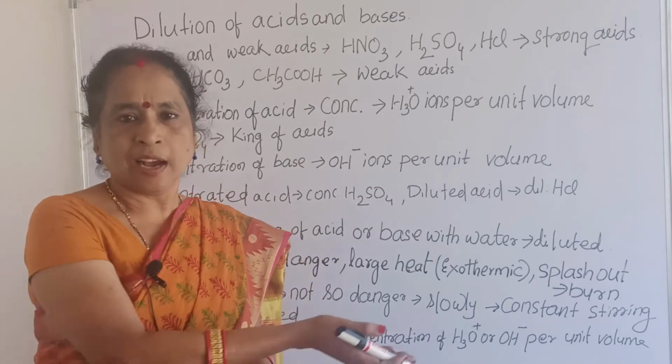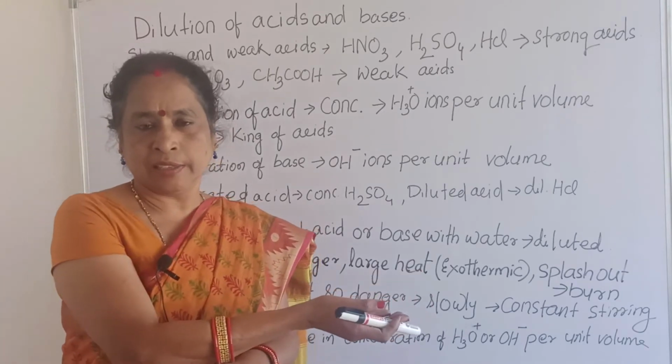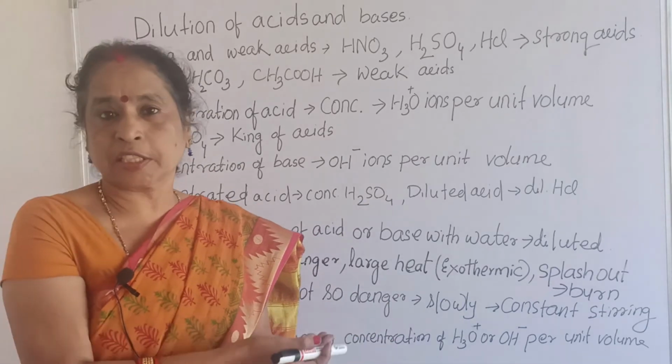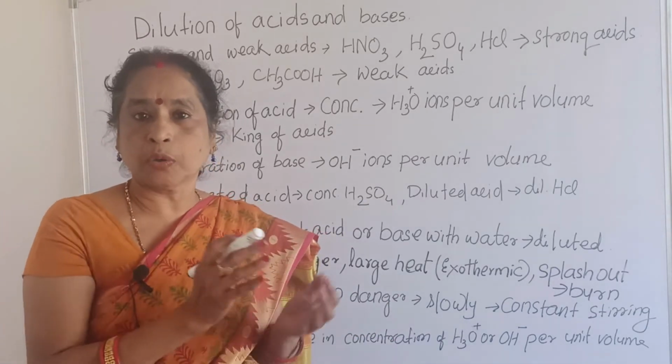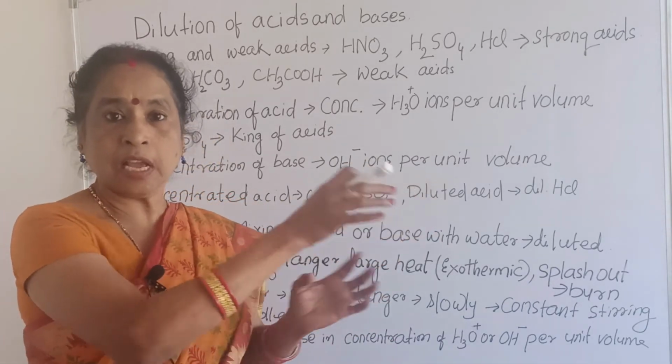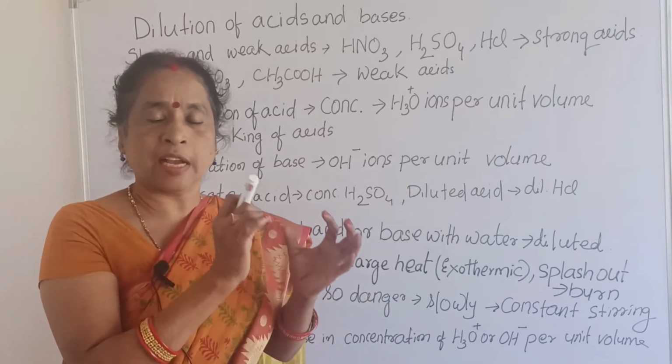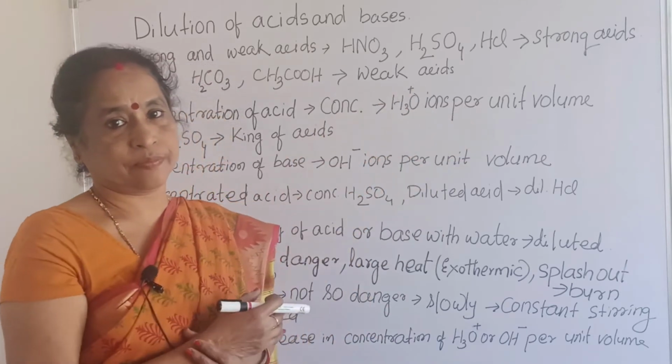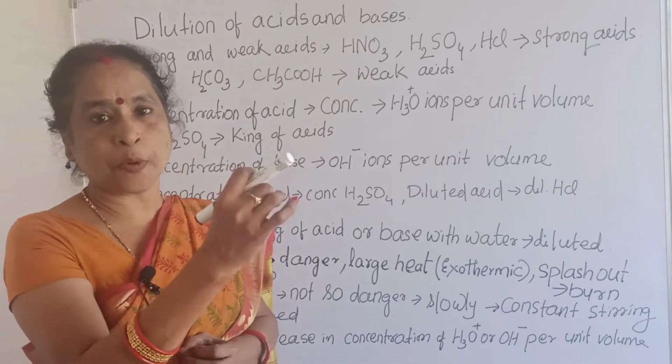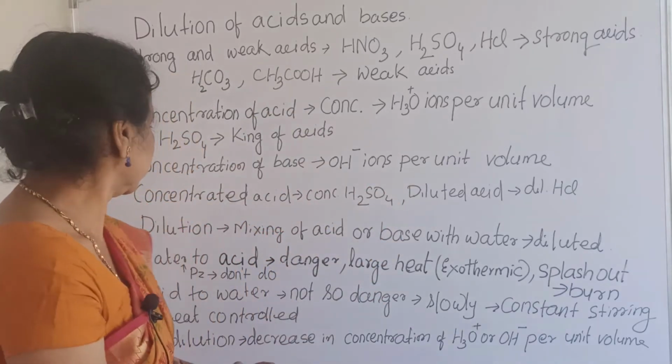You will see in a later class, the reactions of acids and reactions of bases. We will see how dilute acid only reacts with this reaction and how the concentrated acid will react with that reaction. That will act as a main important part of the fixed reaction.